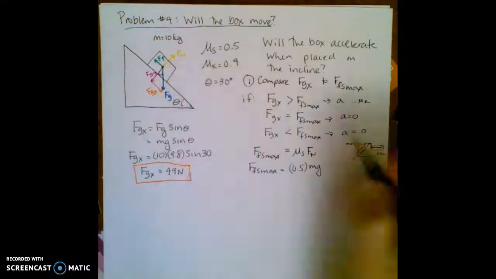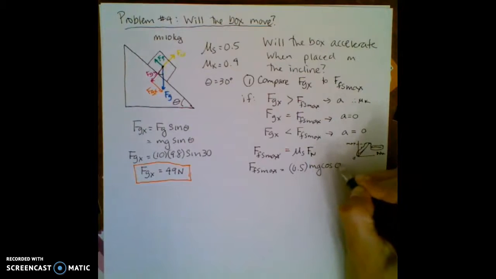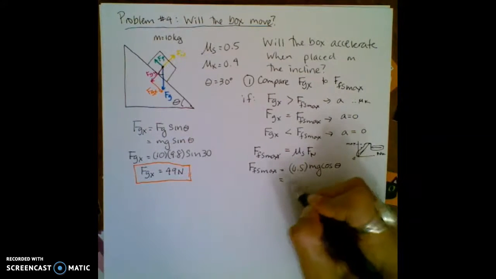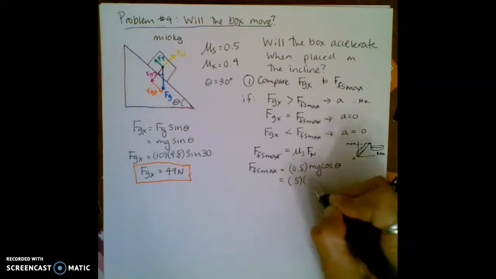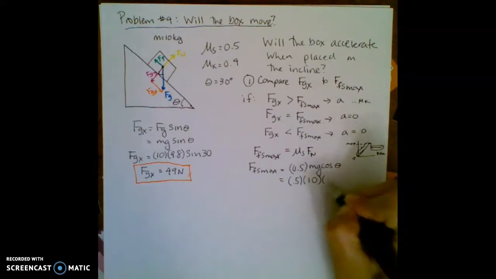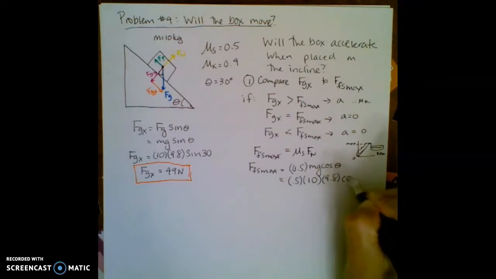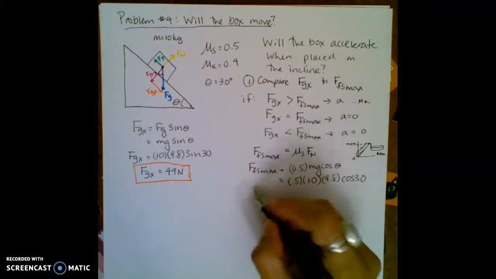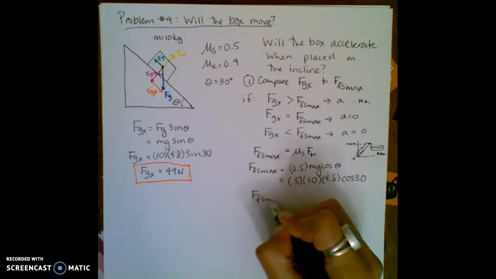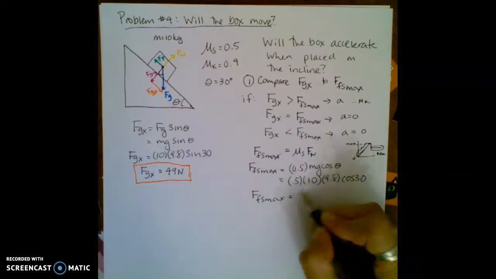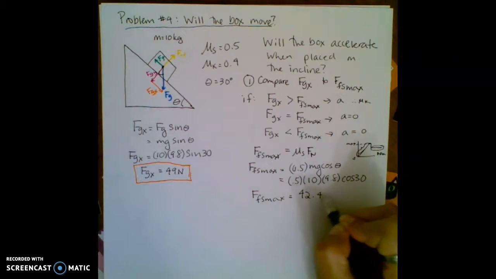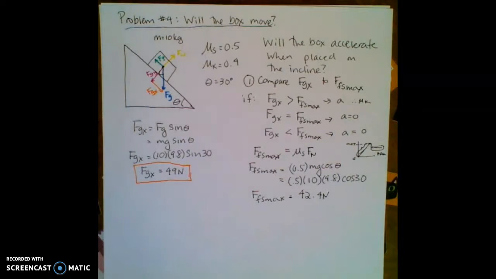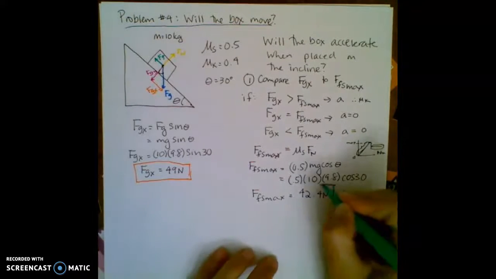And that's the adjacent side, so that's the cos of theta. So this is 0.5 times 10 times 9.8 times the cos of 30. And when I solve, I get 42.4 newtons. So that's the maximum value my friction can be.